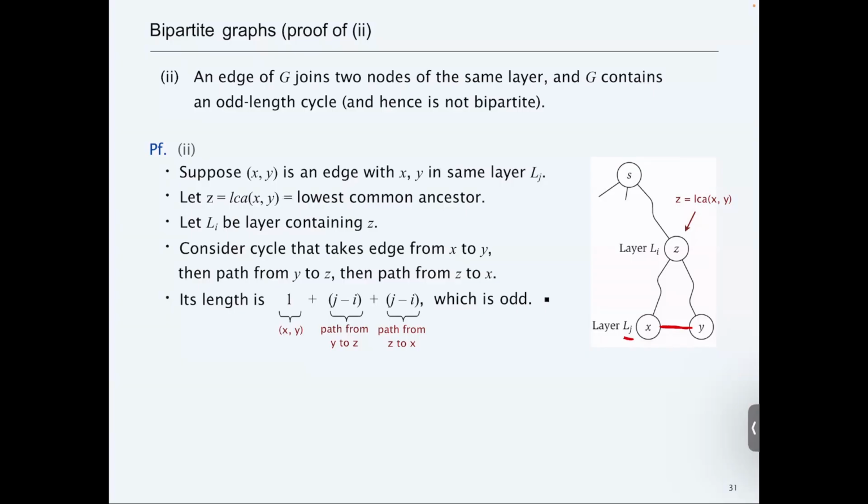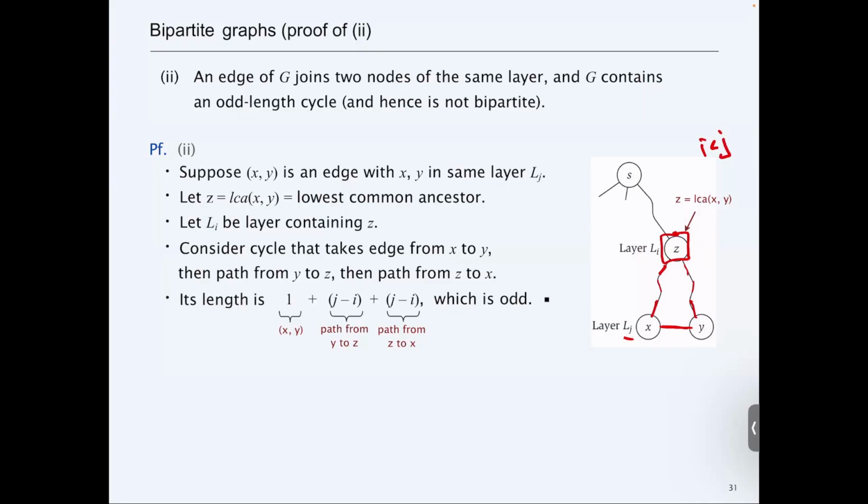So for the lowest common ancestor, x has a neighbor and y has a neighbor in layer Lj minus 1. Both of those had neighbors in Lj minus 2, and then Lj minus 3, and so on. Eventually, there's going to be a node that's the same for both of them in some layer Li, where i is less than j.